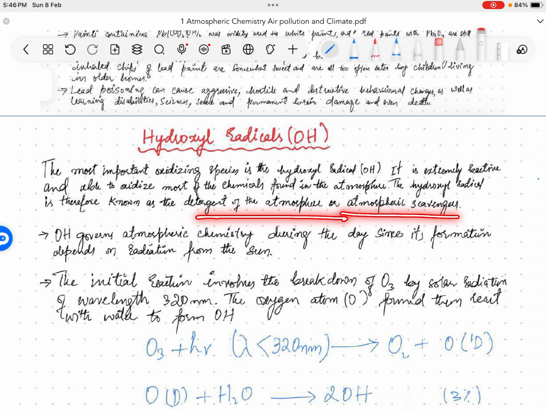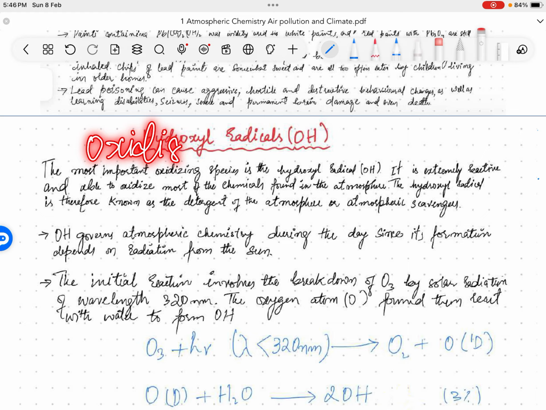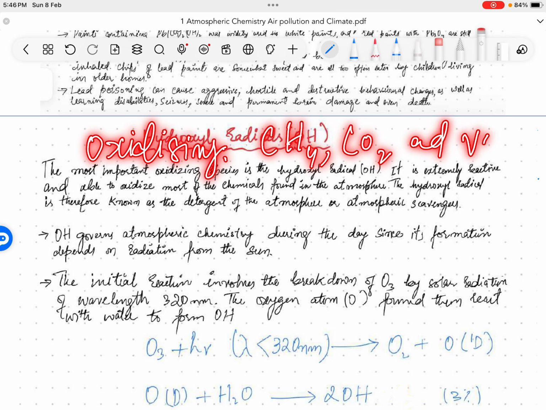So how do they cleanse the atmosphere? They cleanse the air by oxidizing methane, carbon dioxide and VOCs.